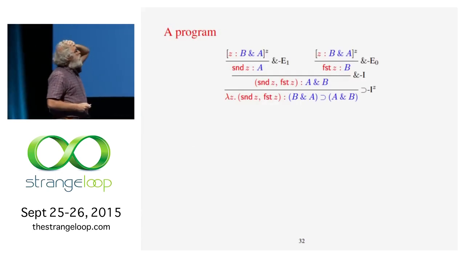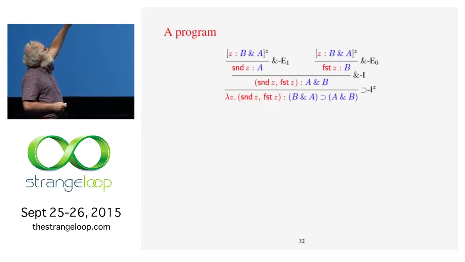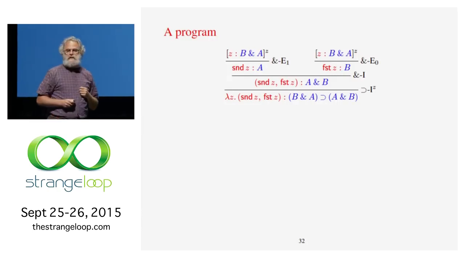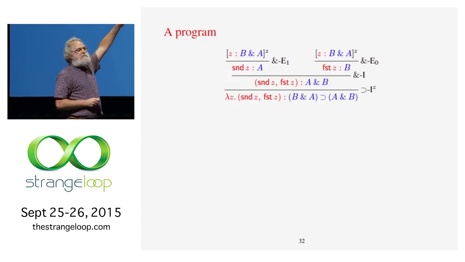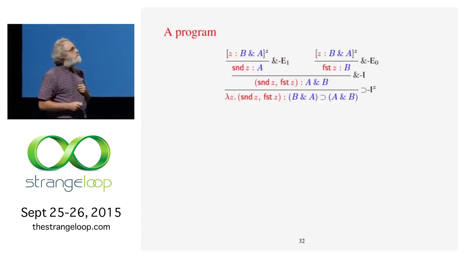So here's an example of a program. Lambda z, return the pair second of z, first of z. So what does this do? It swaps the elements of the pair. And so its type is going to be: take a B-A pair and return an A-B pair.